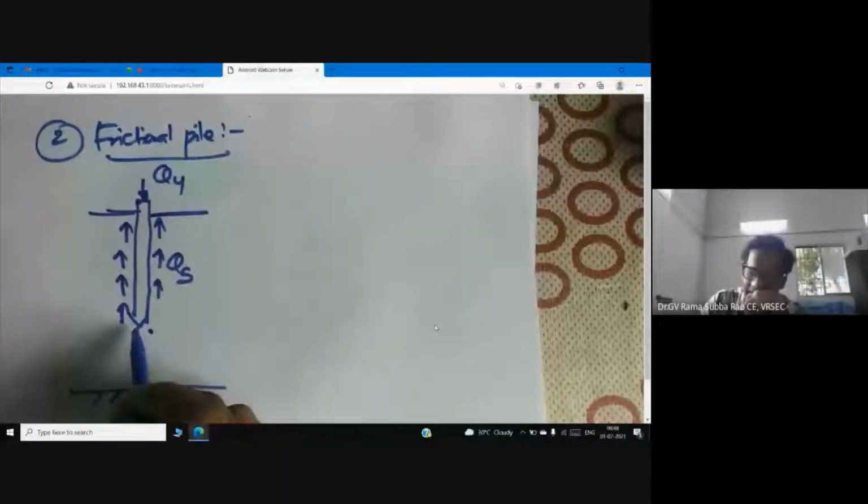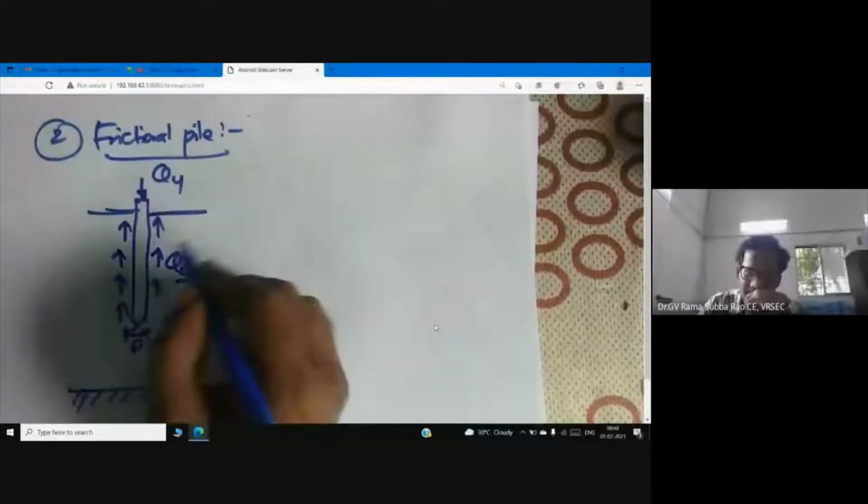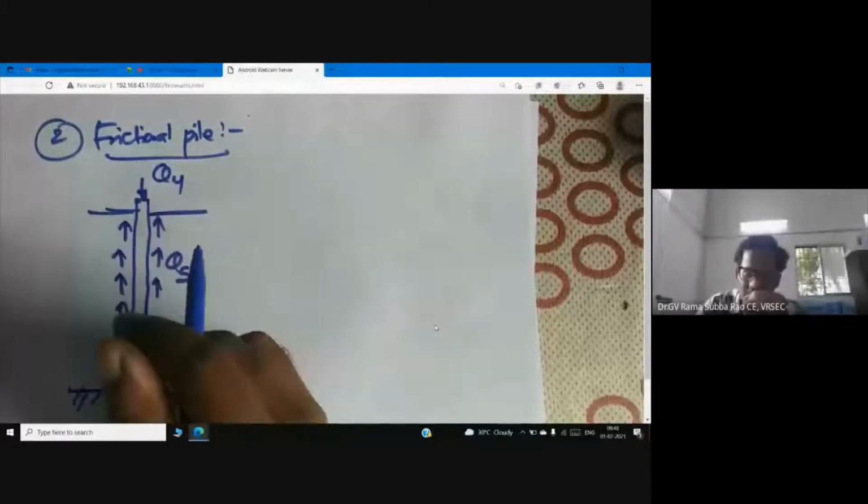So we are getting very limited, negligible end bearing because the pile is not terminated in hard rock. I'm telling you once again, this is all because of load transfer. The end actively transfers the load only when the pile is terminated in hard soil or rocky strata.